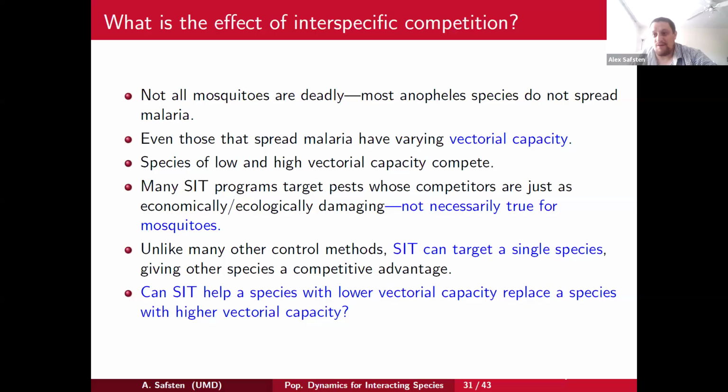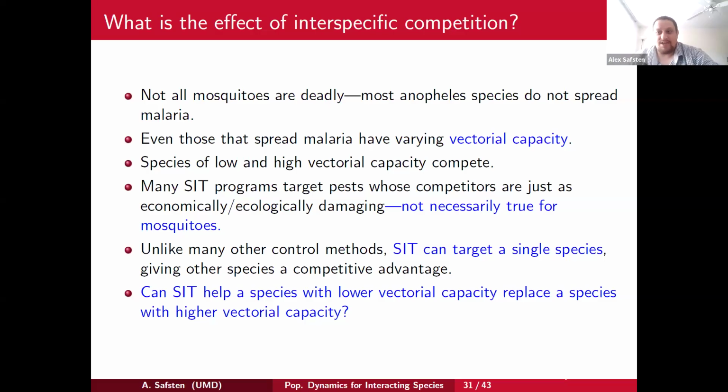And so most mosquitoes don't spread malaria, are not dangerous to humans, and yet they compete with the malaria-carrying mosquitoes for resources. This is in contrast to other pests, where if, for example, there is a fly that keeps eating all of your grapes in your vineyard, if you use some kind of pest control program to eliminate the fly, but then there is another species of fly that also eats those grapes, you have to eliminate the other species of fly as well.